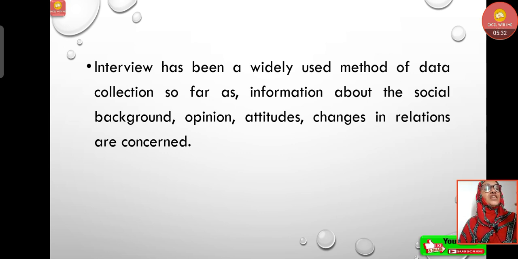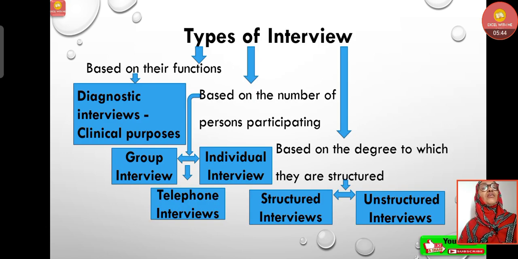For example, if we take NEP 2020, what were the things earlier, what are they observing right now, we can ask the stakeholders here. Now, types of interview based on their functions: diagnostic interviews, used for clinical purposes.